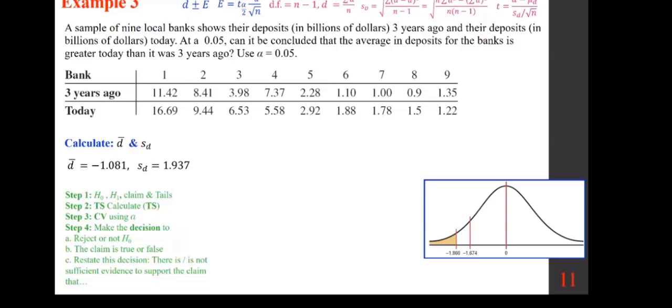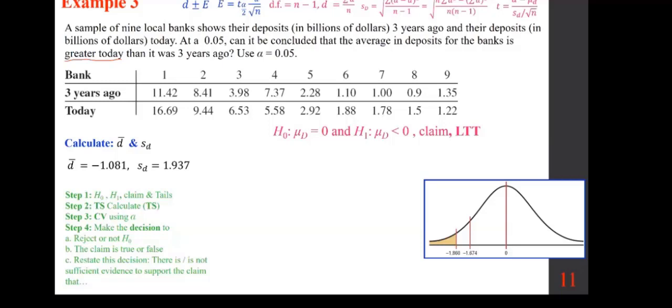So with that being the case, we want to see if this is greater. You can say that 3 years ago was less. So mu sub d is less than 0. Left tail test. Let me be clear how we arrive at that. You have two choices. If you subtract the third column from the second, it becomes a left tail test.